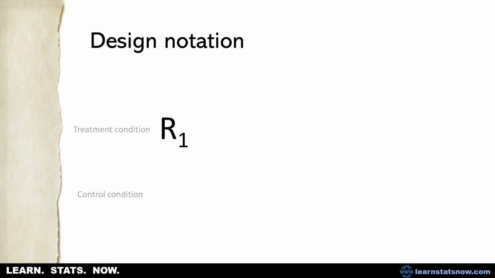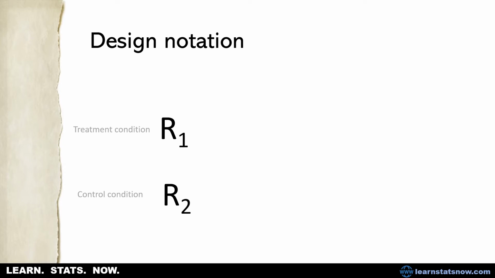If they were assigned to the treatment condition, we would notate that as R sub 1. Okay, so they're in the first group and they were randomly assigned to the first group. So R sub 1 means they were randomly assigned to the treatment condition. Not surprisingly, R sub 2 indicates a random assignment to the control condition.